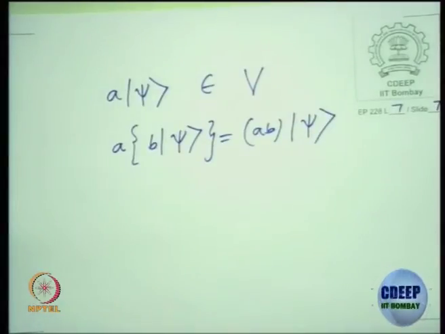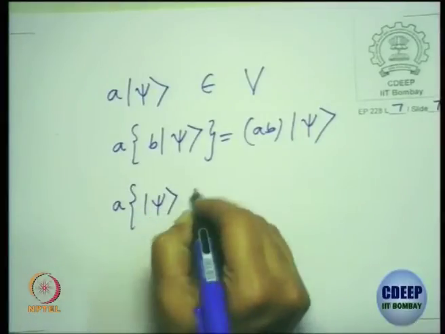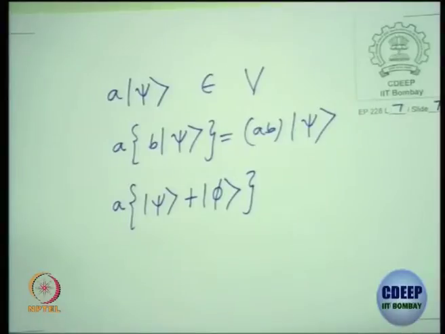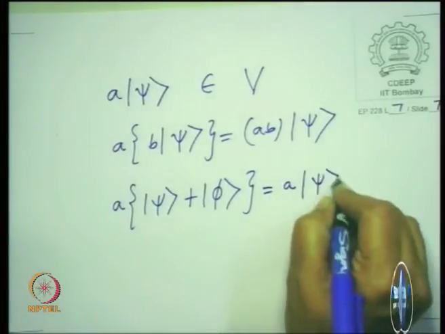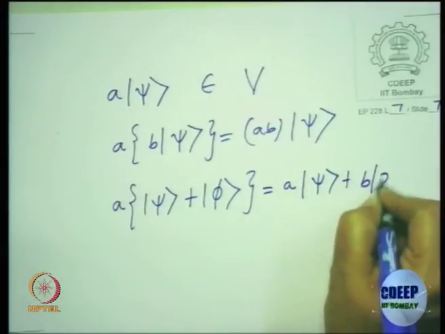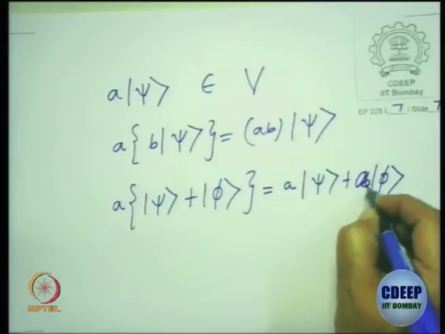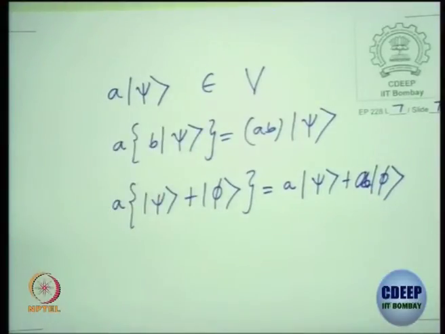This is also true. This I also wrote last time for the R3 vector space. If you have something like this, you can do the distributive property, something like A on psi plus A on phi. These are things which you do on a vector space, you can do this here also.